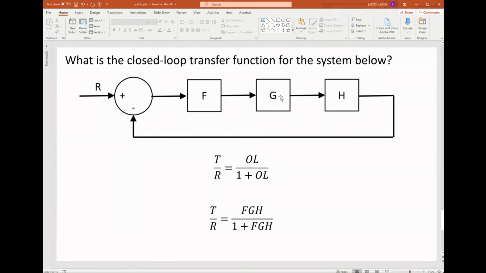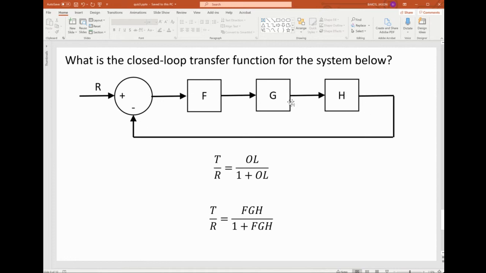For example, this is actually G of S over F of S. I'm dropping the S and the denominators and using this shorthand notation. So it's just F times G times H, but it's implied that this is actually G of S over F of S, and this guy would be H of S divided by G of S.